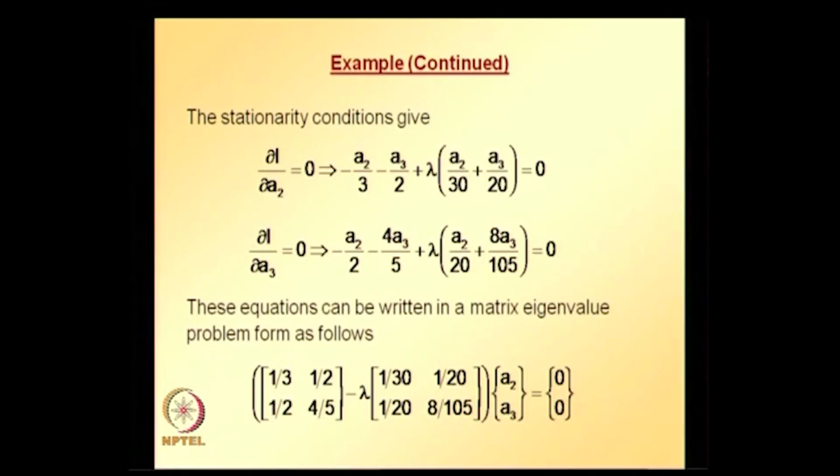For non-trivial solutions, that is non-zero values of a2, a3, meaning a non-zero value of that vector a2, a3, one of them can be 0, but both of them cannot be 0.